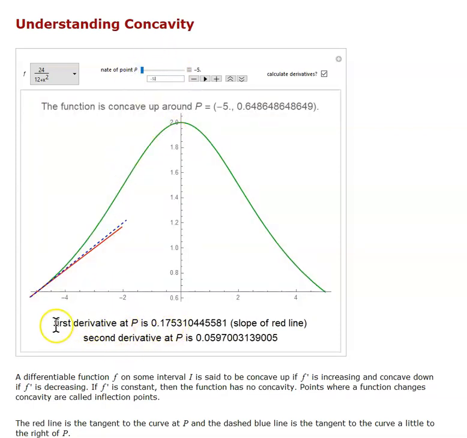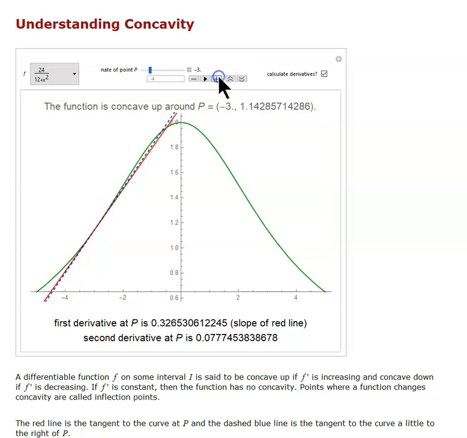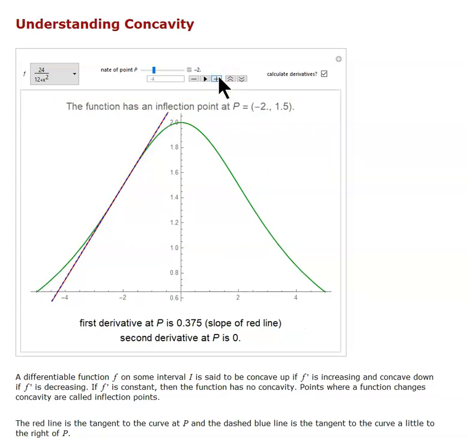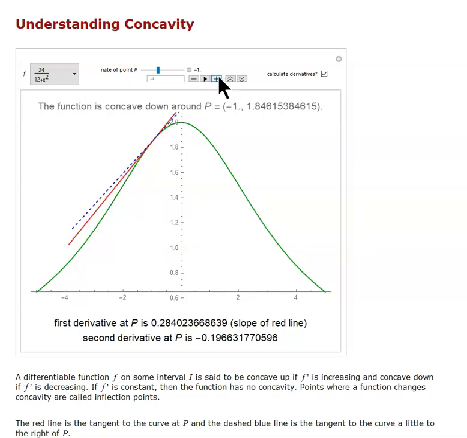So watch my first derivative. It's 0.175, 0.244, 0.326, 0.375. But as soon as I take my next step, now the slope of my blue line is below the red line.